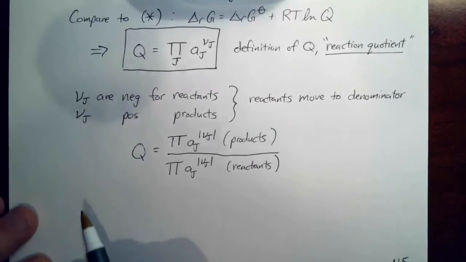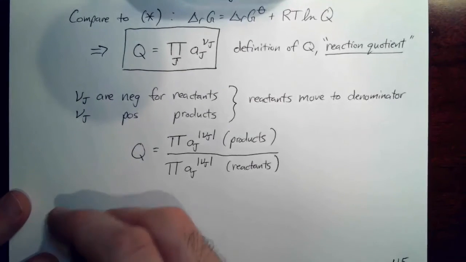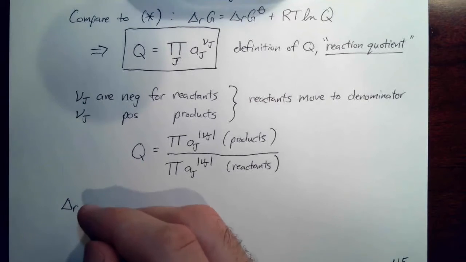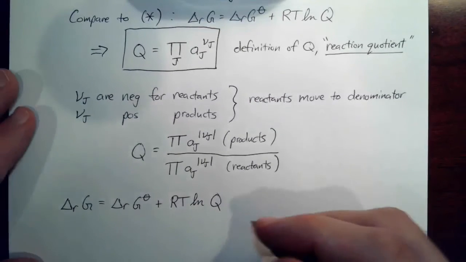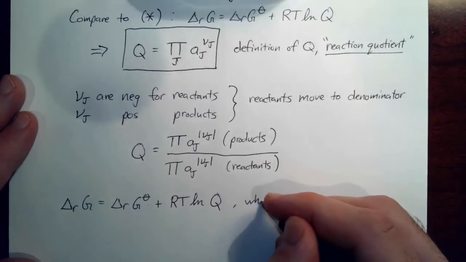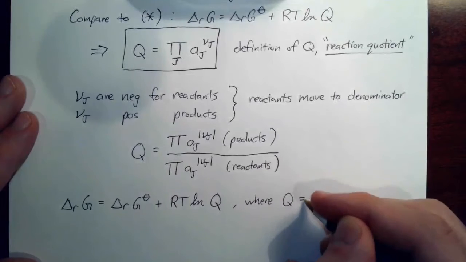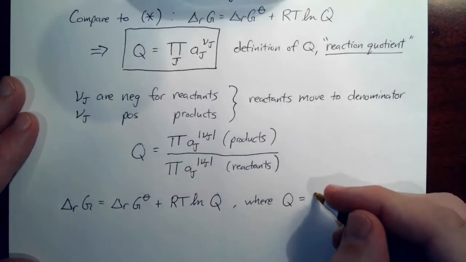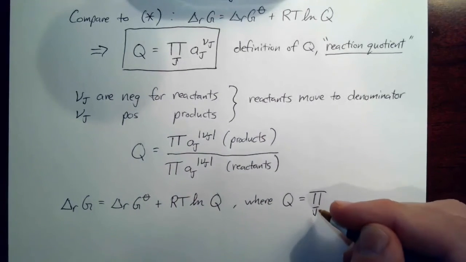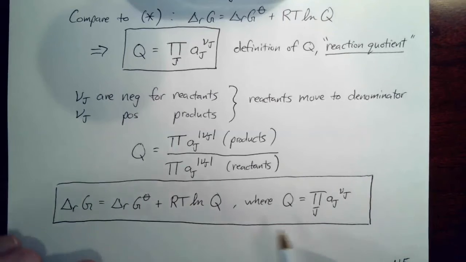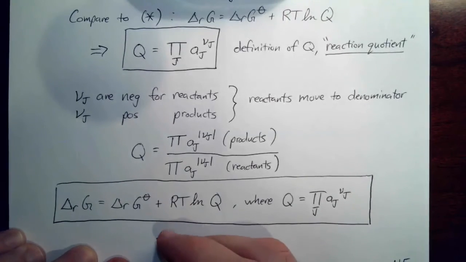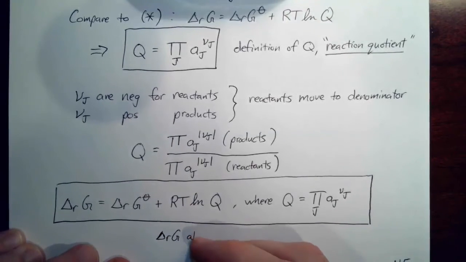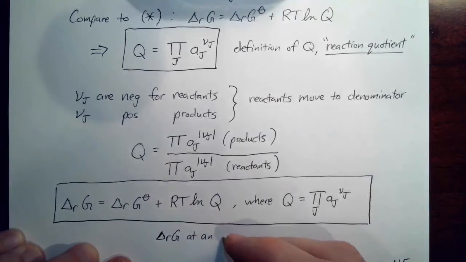Okay, so to summarize all this, I have equation star, where Q is equal to this, and this formula then gives us delta R G at an arbitrary stage of a reaction.